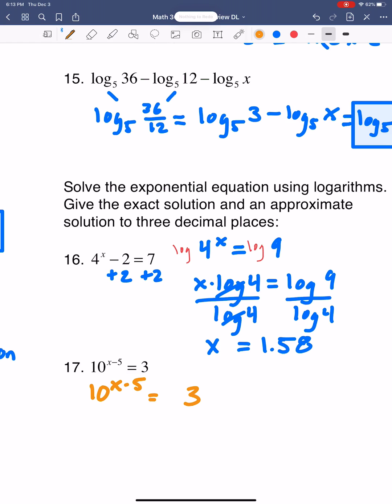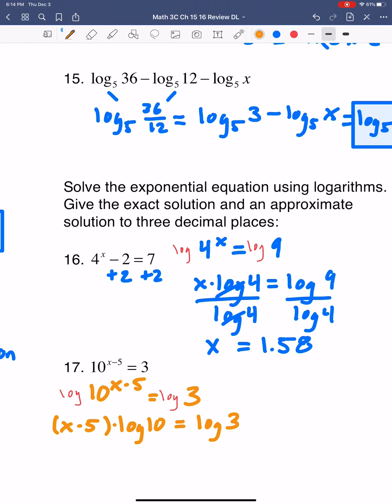So I'm ready to go ahead and jump straight into my logs on both sides. Okay, and remember what that allows me to do is take my exponent, in this case it's x minus 5, move it to the front, and I've got log 10 equals log 3.